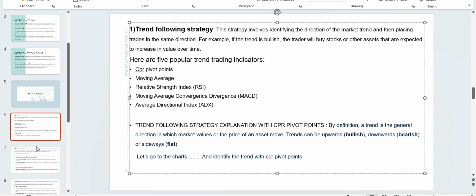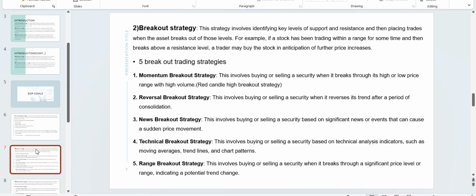Now, let's get into another style of trading strategy here, which is the breakout strategy. Breakout strategies are the most efficient strategies here, because once you enter the trade, you are going to get a good amount of money if the trade is successful.